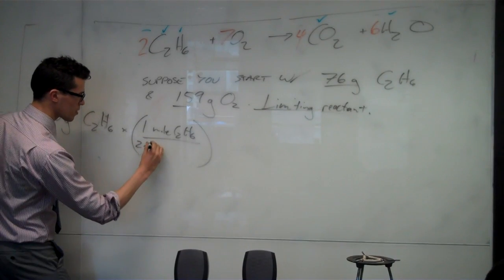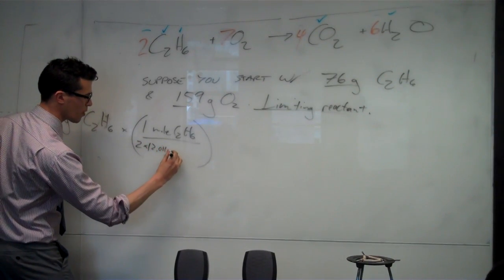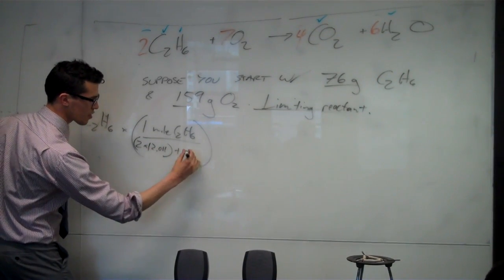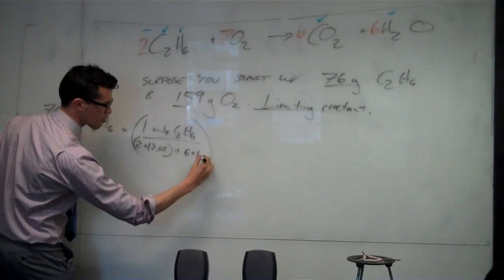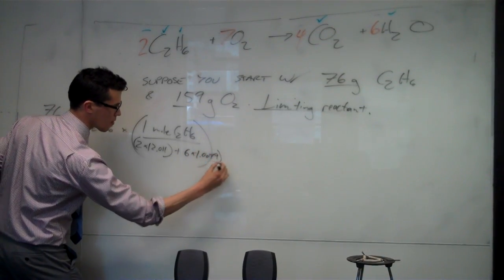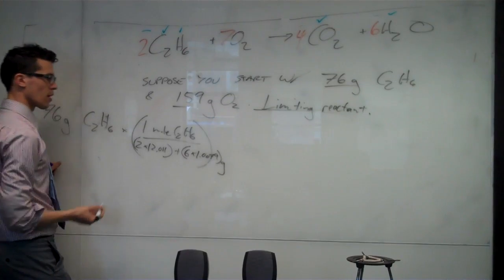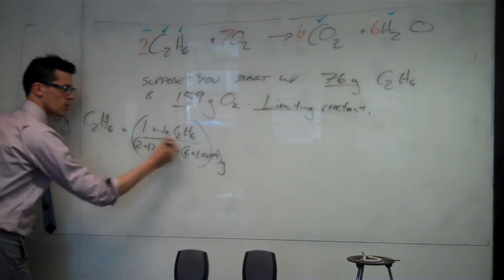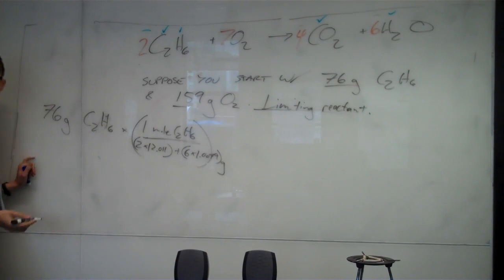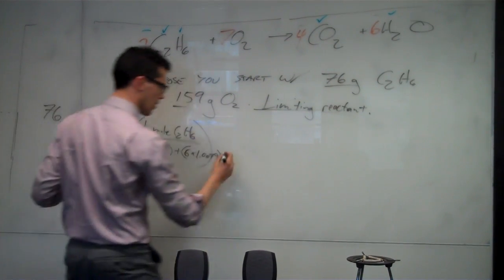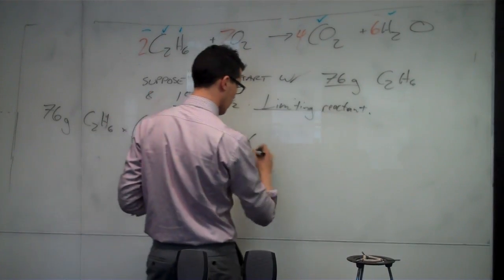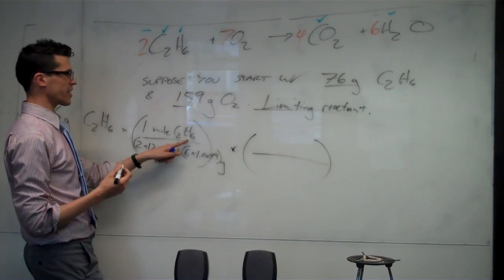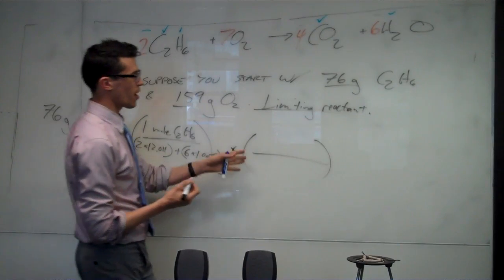So it's going to be 2 times 12.011 plus 6 times 1.0079. This is going to be in grams. That'll get you into the units of moles of C2H6. Follow so far? Okay.